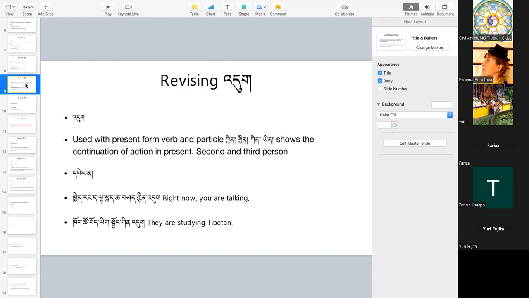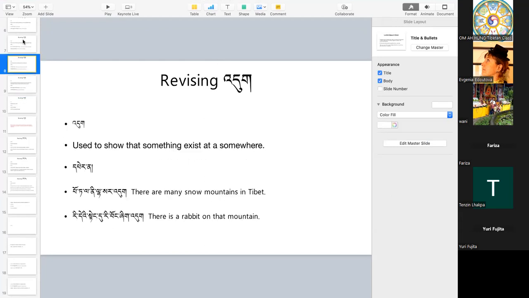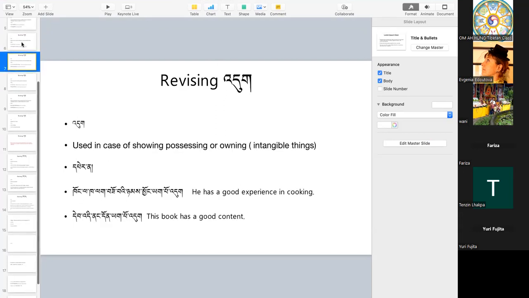And then we have the possession or owning of intangible things. Here we are observing how he's making food, and then we're confirming that he possesses the skills, a good experience in cooking.